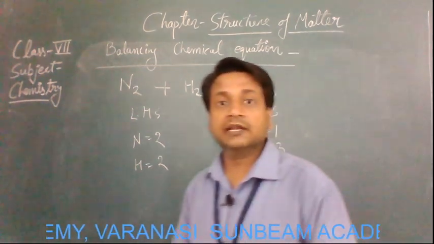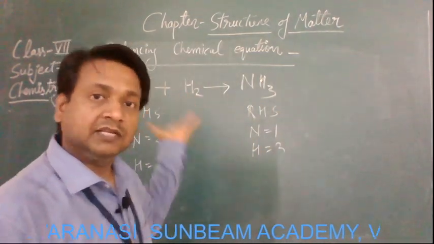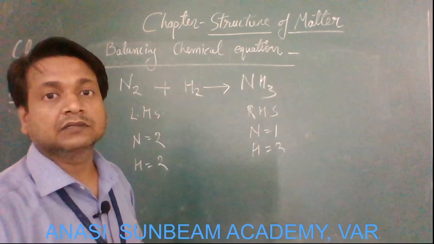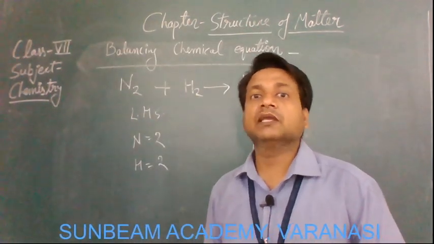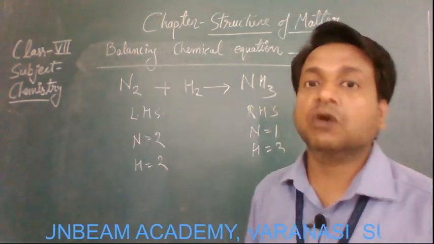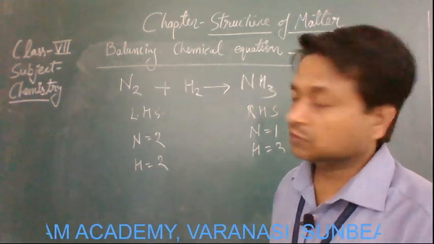So we can say that this reaction is unbalanced and that is why it's incorrect. So we need to balance it, and for balancing we will simply increase the number of molecules. Okay, so come one by one.